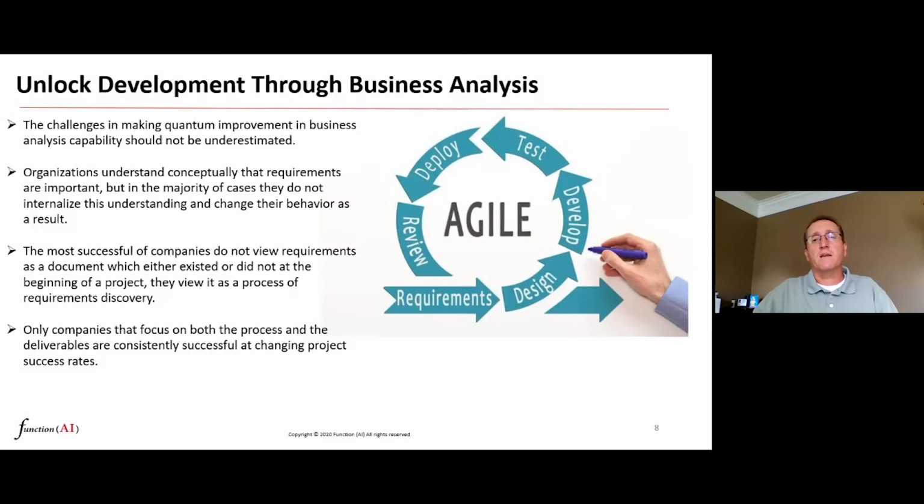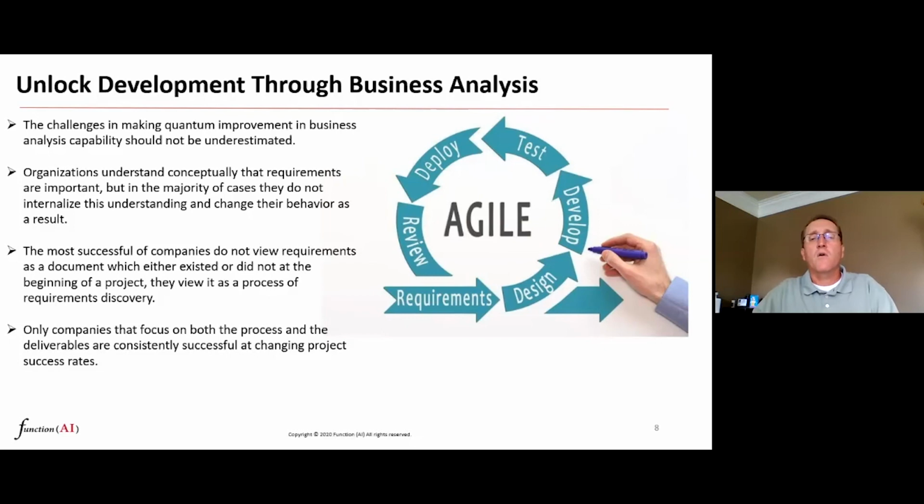This feeds directly into whether it's your agile process, your waterfall, or your DevOps, but the requirements feed into your design, into your development, into your testing, into deploy and review, and allow you to hold your business analyst to a higher standard, and allows you to drive your development and lower costs by not repeating work, by freeing up your developers from a continuous rehash of the business requirements, a rebuild of the code that they've already developed, which if they developed it off of bad requirements, now they're having to go back and redo.